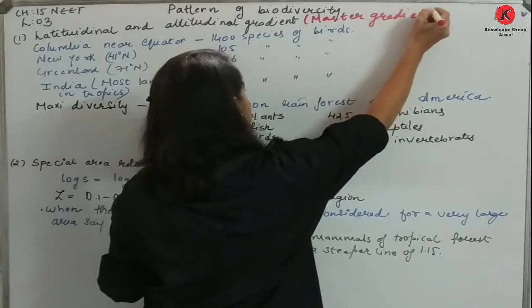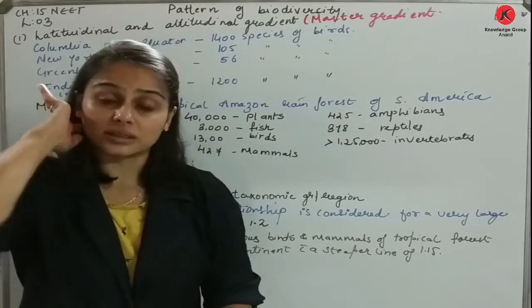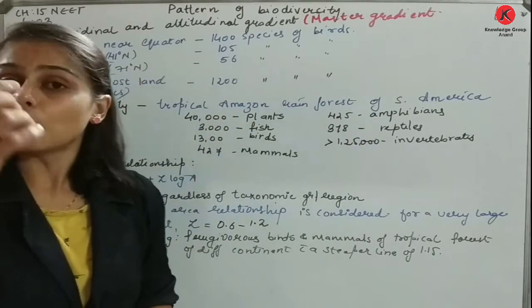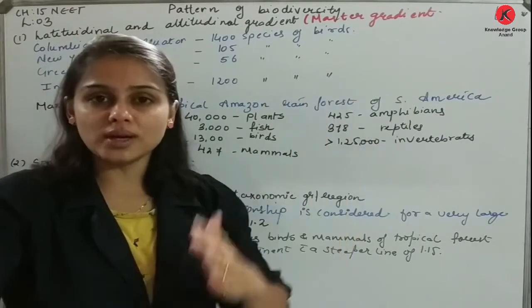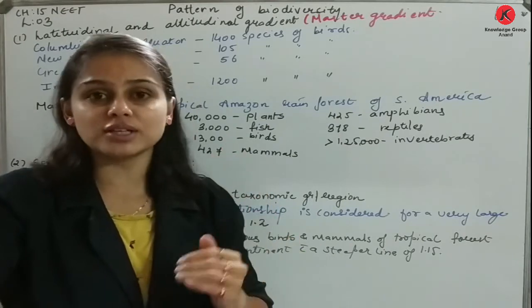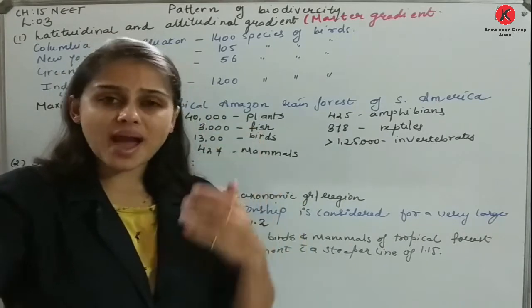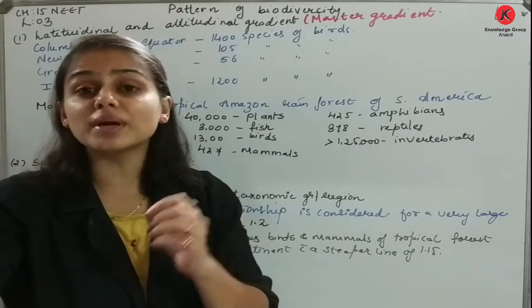Okay, dear students, if I am talking about biodiversity, as you know, biodiversity is very little at the pole, it increases in the temperate region, and it is maximum in the tropical region.